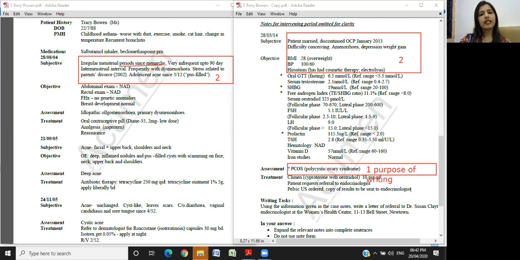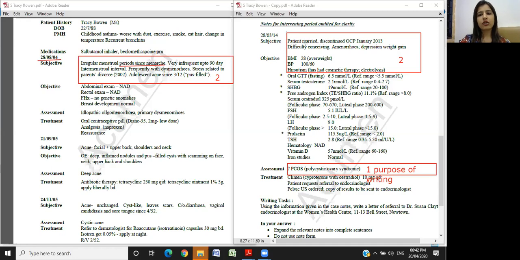So here, this is where the OET assessor can check your flexibility. For example, you can't start the second paragraph by saying on 28/8/2004 she presented to my clinic with irregular menstruation period. No, because this is your main purpose. Today's visit is your main purpose.